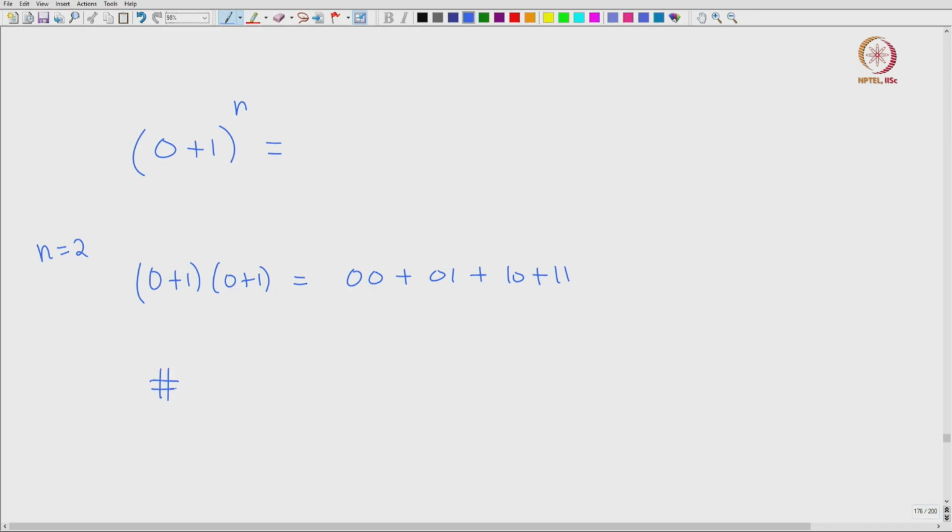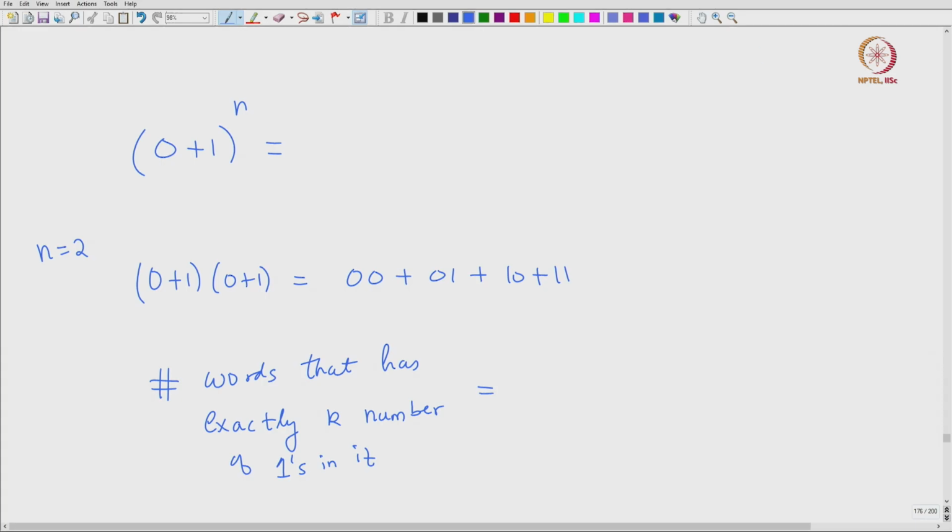Or we can replace this as follows. We are going to count the number of words that have exactly k ones in it. The ones will correspond to the subset, that is, the elements that we choose for that subset.